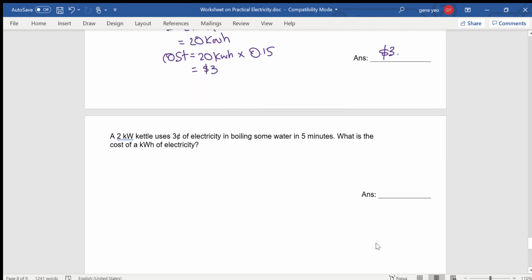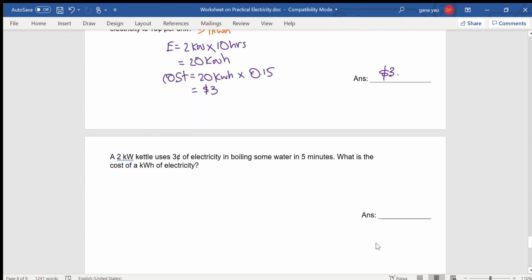And finally, here we are now. It's asking us to work backwards. So they tell me that this is the same power, but it's a kettle now. It uses 3 cents for 5 minutes. What's the cost of electricity now? So same thing. The cost is always the energy times the cost per unit.